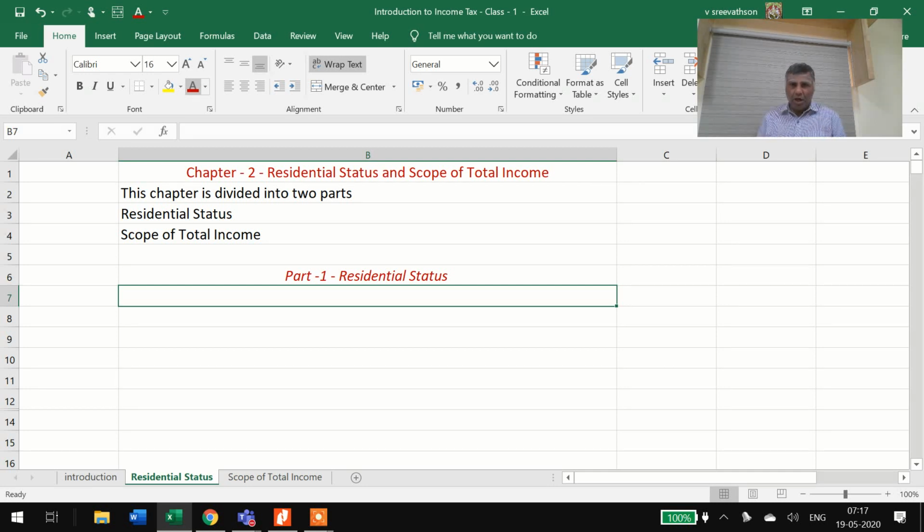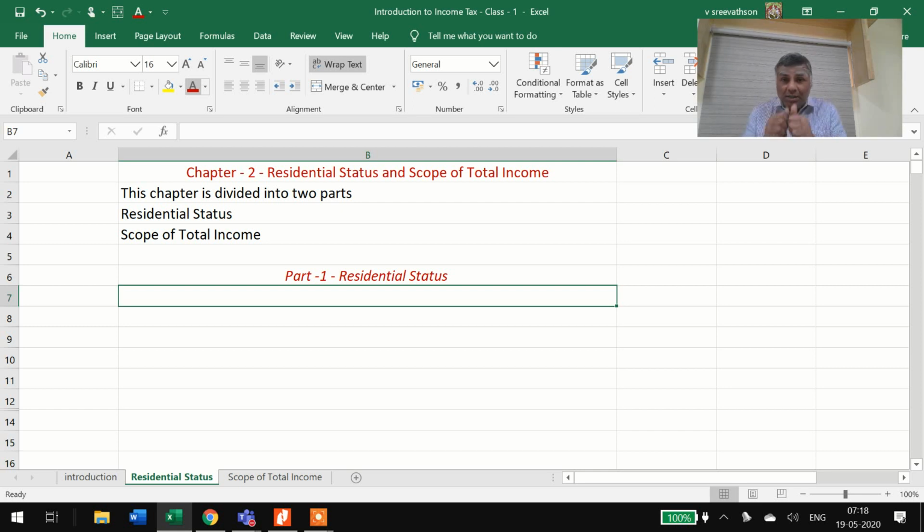Repeating: between the taxing nation and the taxed person, there should be a clear nexus. Nexus means link. If this link is not established, you cannot tax that income.